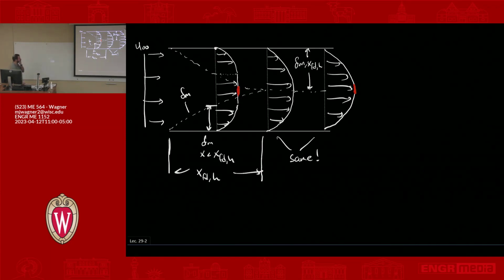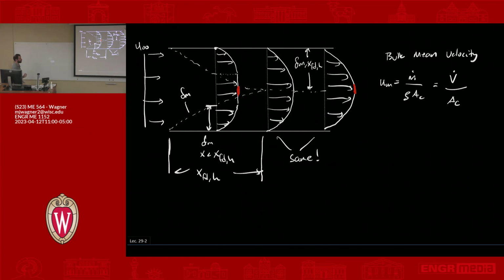And then if you want to be able to compute the bulk mean velocity, which is important, the bulk mean velocity is going to be computed as u sub m equals the mass flow m dot divided by rho times AC, or alternatively, the volumetric flow rate v dot over AC.